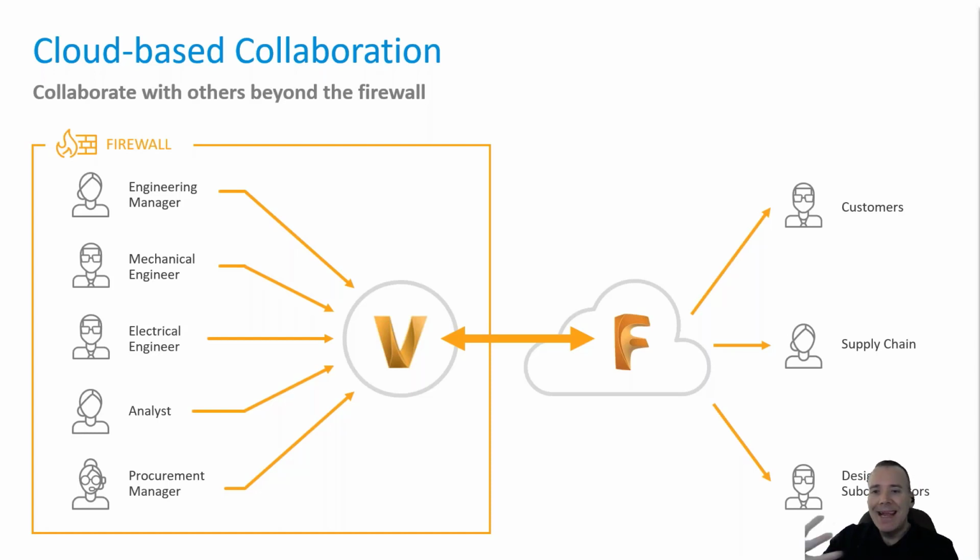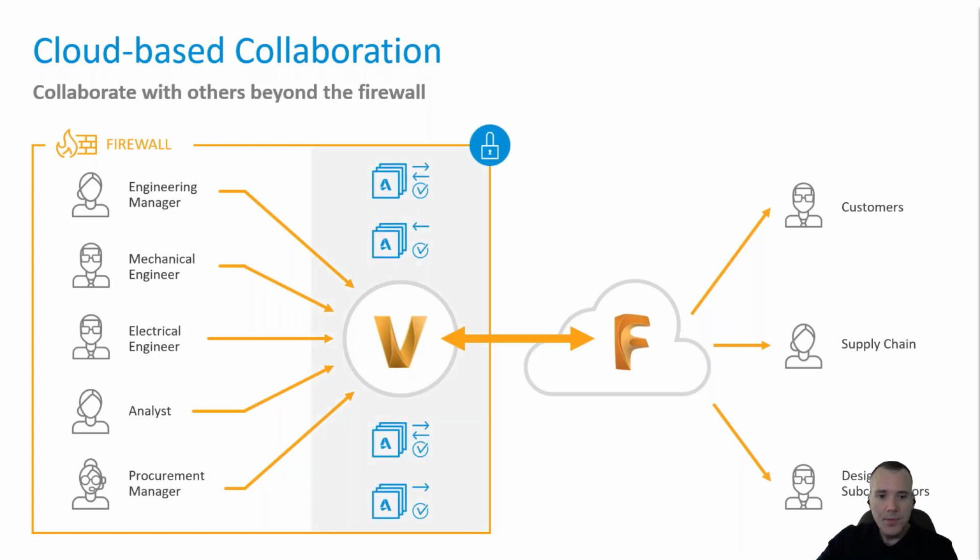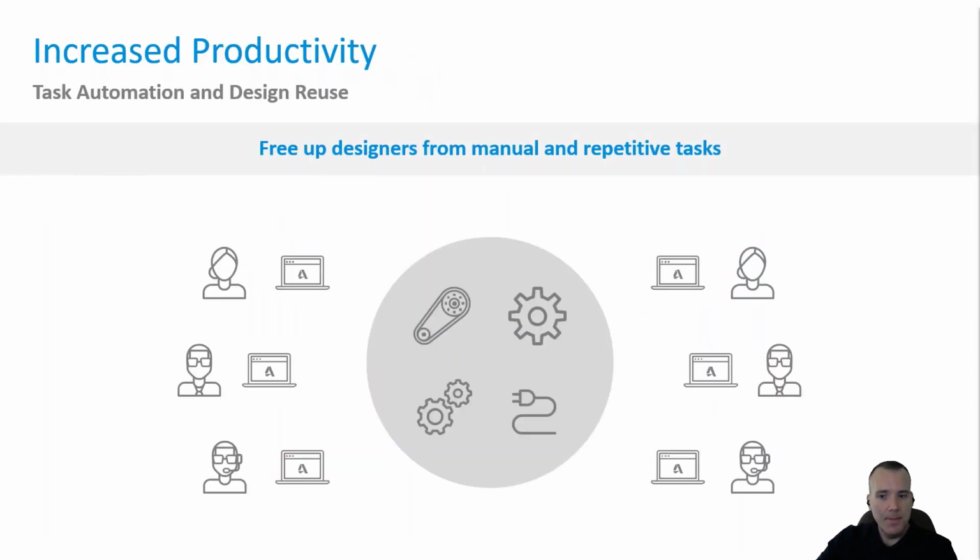But this is still PDM. We're still sharing design data, essentially, in some form. And so we can synchronize that data so that everyone involved has the latest available data when they need it. Right?